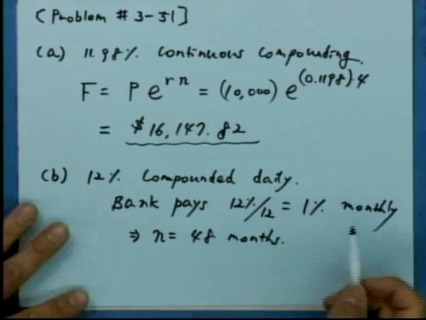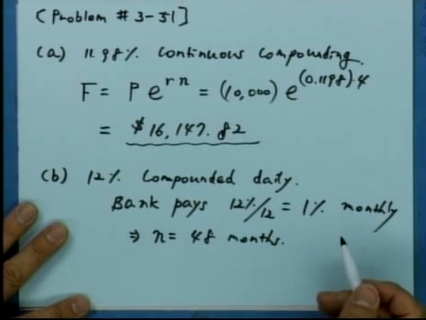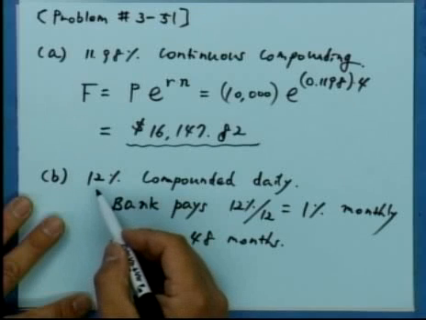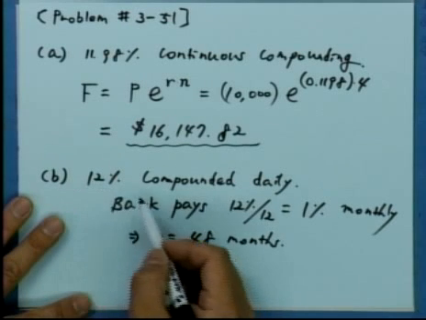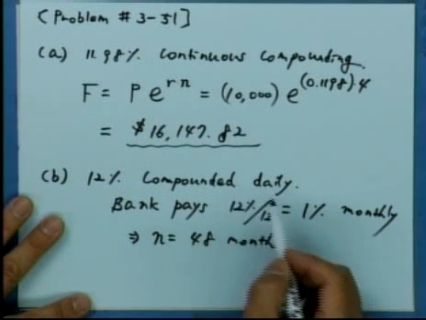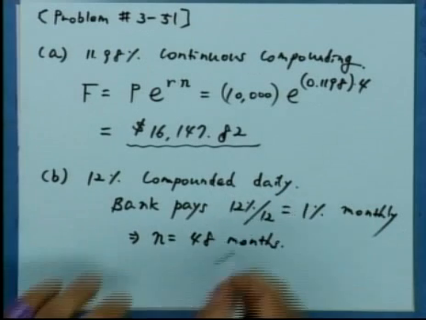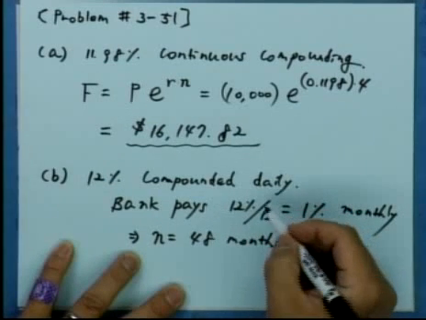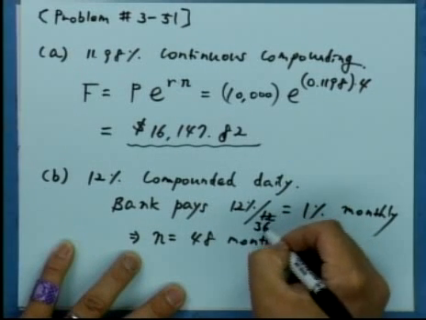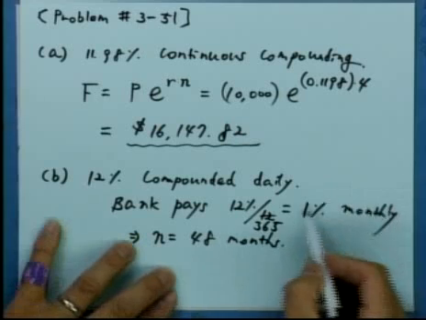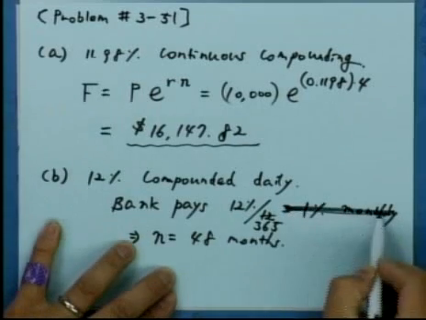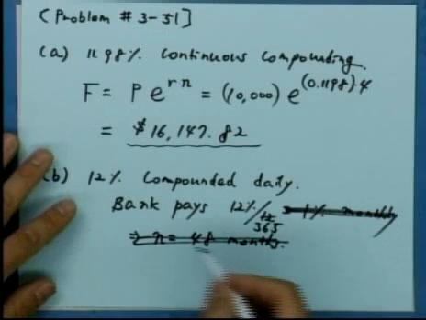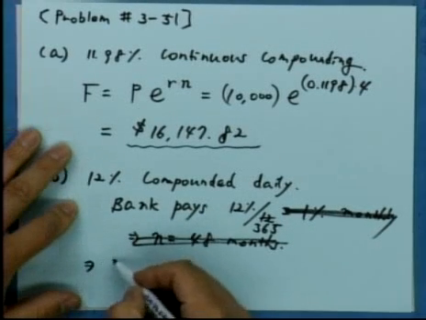Oh, I'm sorry. I was looking at the case C, but the alternative B is about the 12% compounded daily. So this means that bank pays 12% divided by 365 days. So let me rewrite down here.